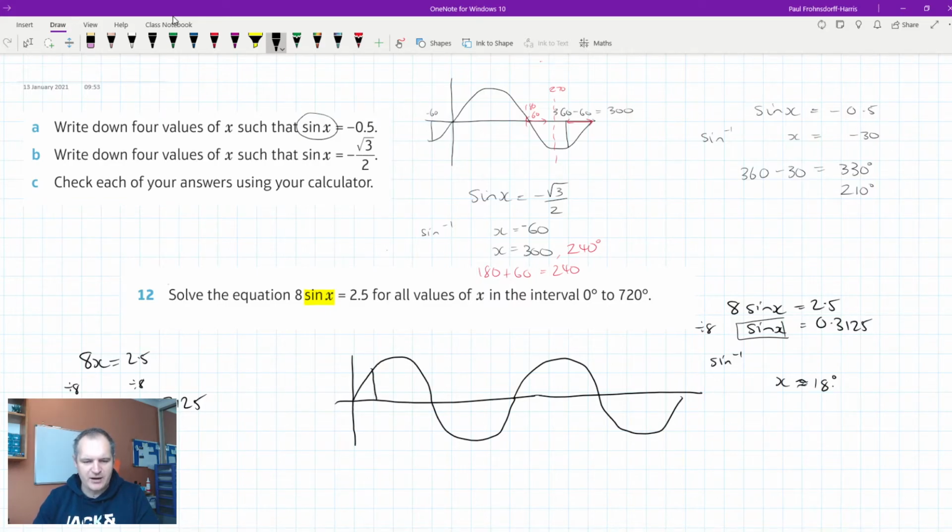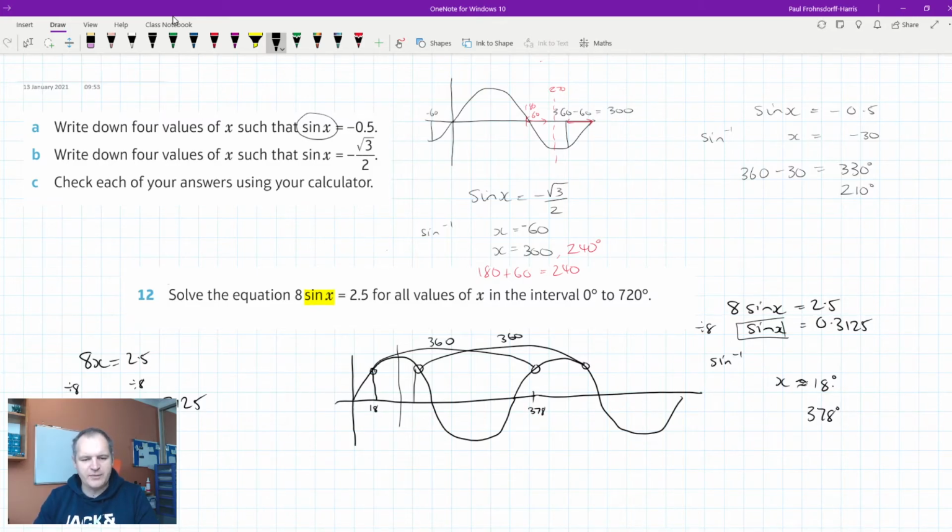So we then think about our sketch. If that's 18, we look along and we think about mirror lines and it repeating. So that gap there must be 360. And that gap there must be 360, which is going to be helpful. We've got our 18 degrees, so we can add 360 to that and get 378. So that one's 378.